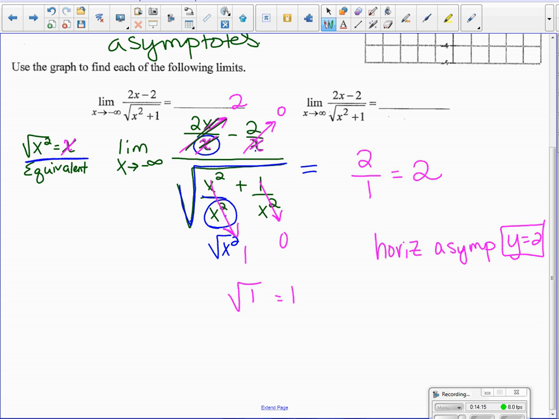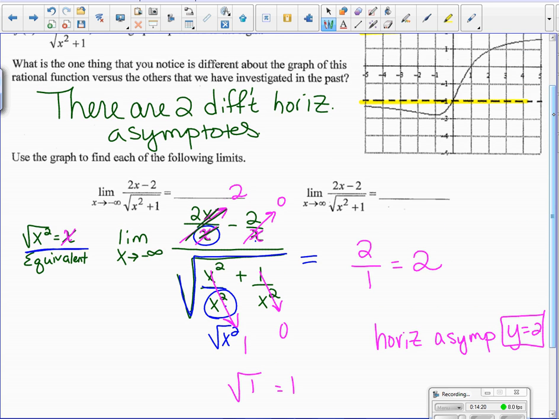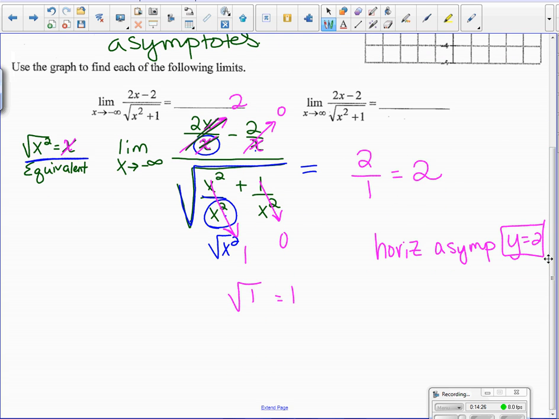So how am I going to show that this has -2? Because I know by my picture, as I head to negative infinity, I have an asymptote here at y equals -2. Well, the way that you can do it is go back to your original function. So I'm going to check the sign by going back to my original function and plugging in positives or negatives.